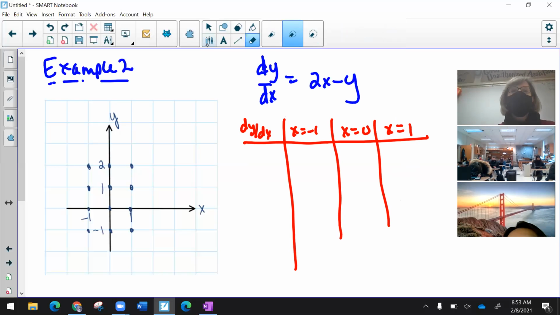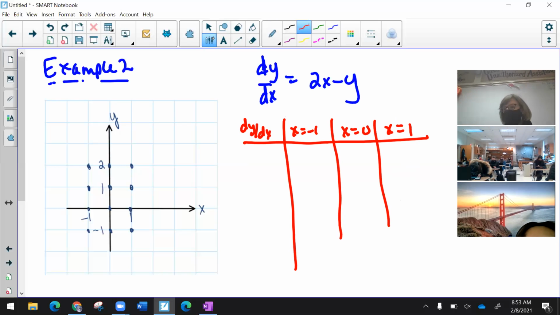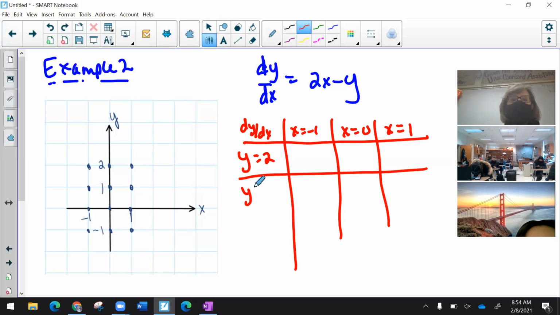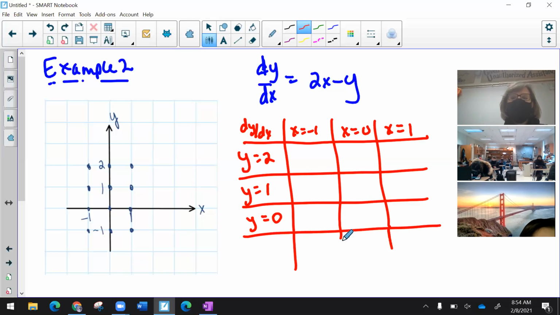So our x values go from -1 to 1, and then our y values are 2, 1, 0, and -1.